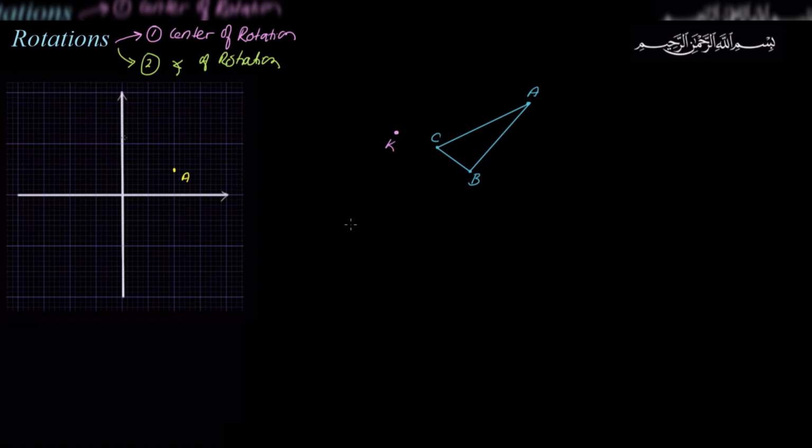Now, you can rotate clockwise, or you can rotate counterclockwise, and both are fine. But in mathematics, we tend to rotate counterclockwise, like Sunnah style. So unless otherwise stated, if it says rotate the image 120 degrees, it implies rotate the image counterclockwise 120 degrees.